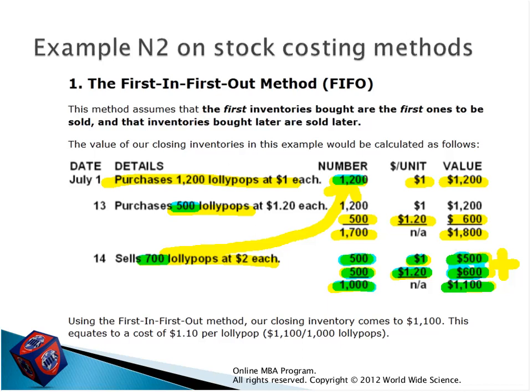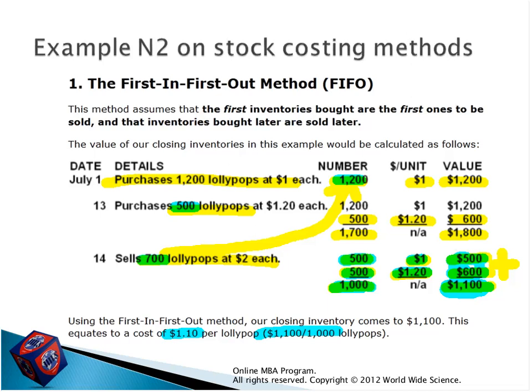To find its cost, we take the 1,100, the value of the inventories. Here is the formula: we divide by the units, which is 1,000, and then we get the cost of the inventories per lollipop at the end of the month, which is $1.10.